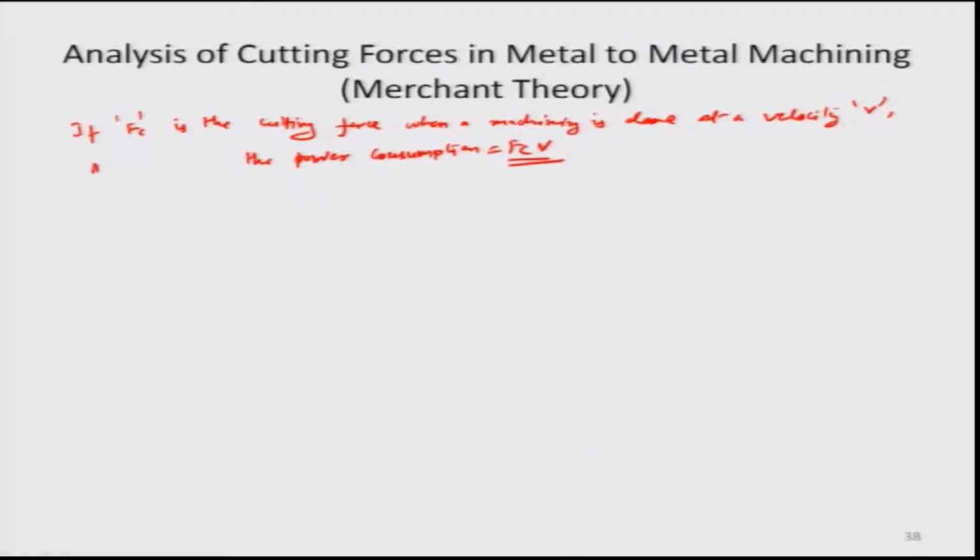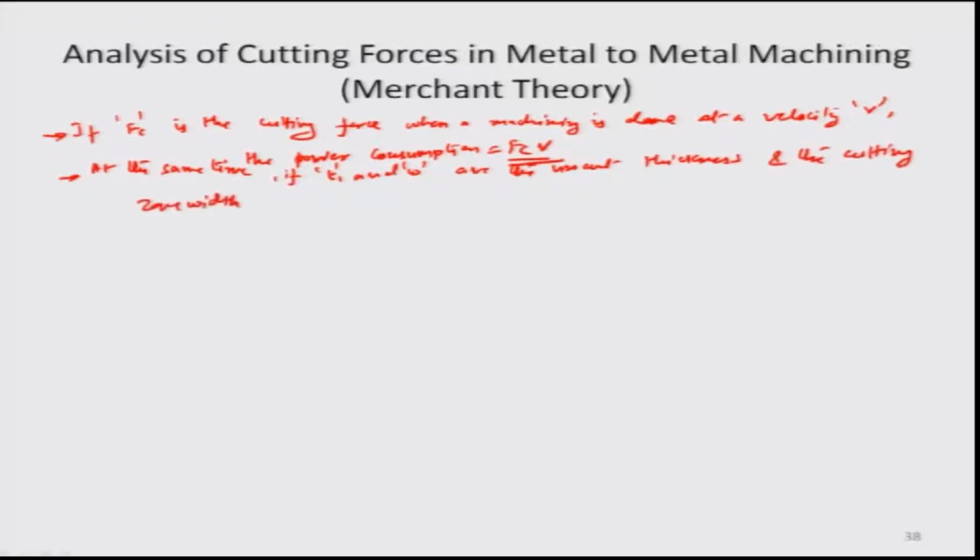At the same time, if T1 and W are the uncut thickness and the cutting zone width, the volume of the material removed per unit time is then obviously W T1 V, right.